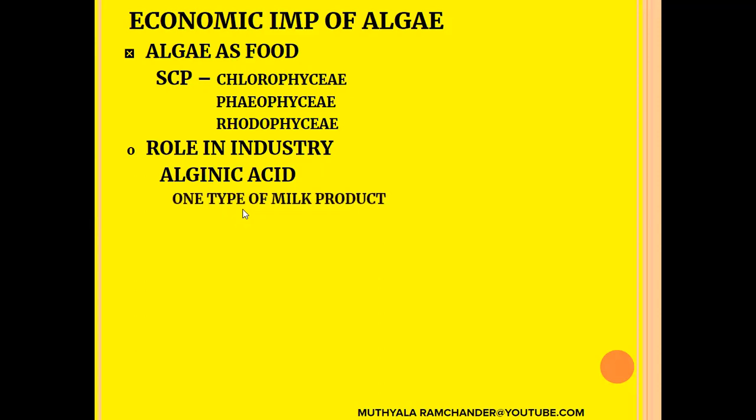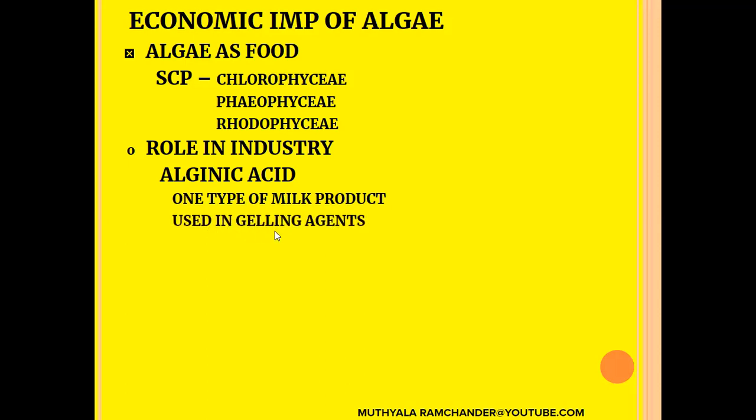It is like a milk product. Generally, milk is collected from mammals in zoology, but alginic acid, a type of milk product, is synthesized or collected from algae.